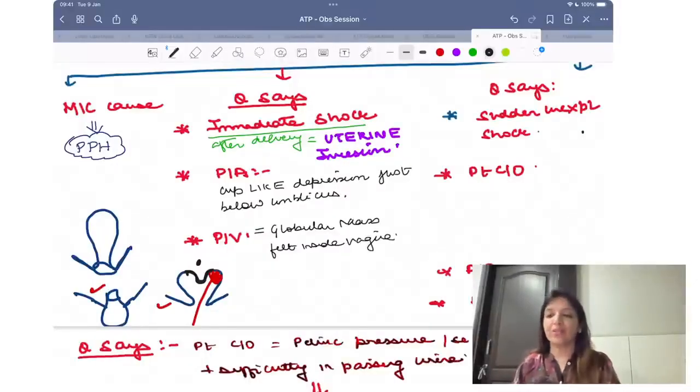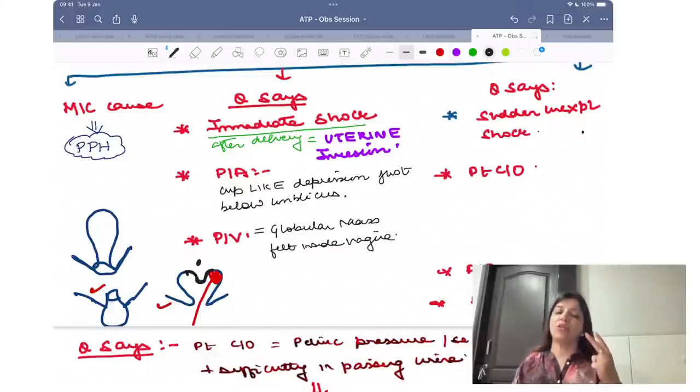So if the question says there is immediate shock after delivery, on per abdominal examination there is a cup-like depression just below the umbilicus, or you get a globular mass felt inside the vagina, that means you are dealing with uterine inversion.